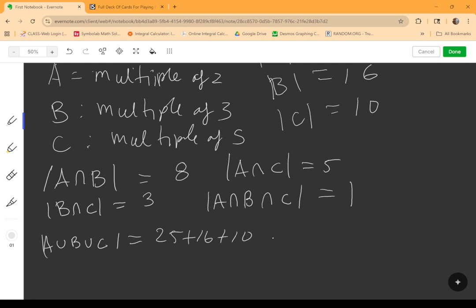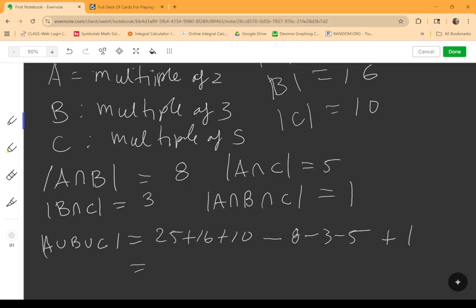Then we'll subtract off all of the pairwise intersections, and that went a little too far, so we add in the intersection of all 3.